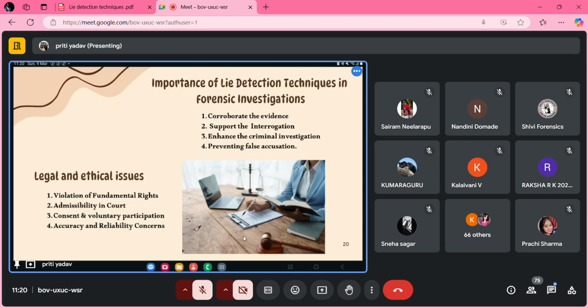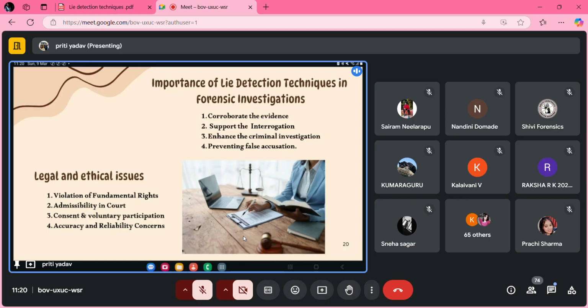And the last, legal and ethical issues. Indian courts emphasize that let 100 guilty be acquitted, but one innocent should not be convicted. These methods are not scientifically foolproof.